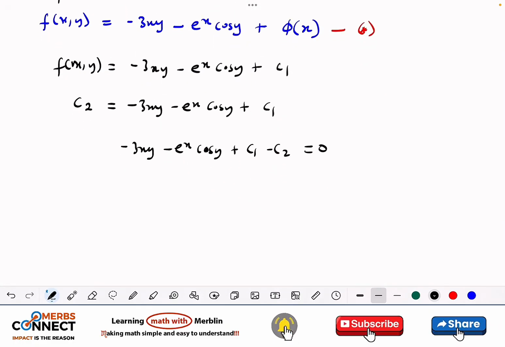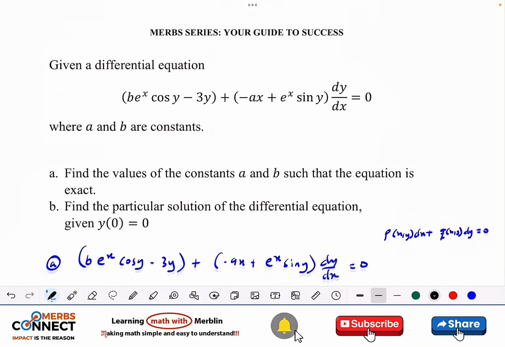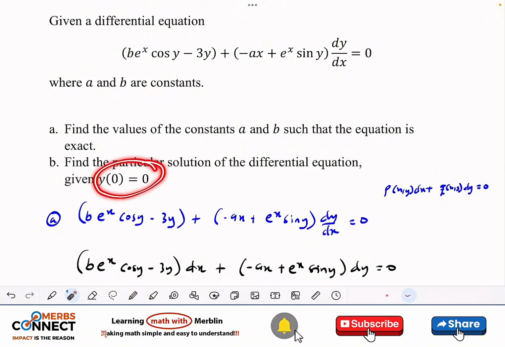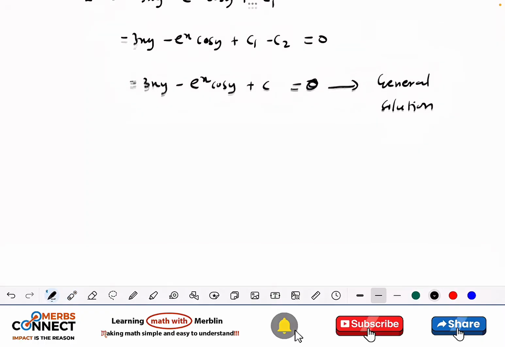And I'm going to have minus 3xy minus e^x cos y plus c is equal to 0. So this is my general solution. This is my general solution. But we know that I think they gave us an initial condition here. So we need to use the initial condition on the general solution to find the constant.